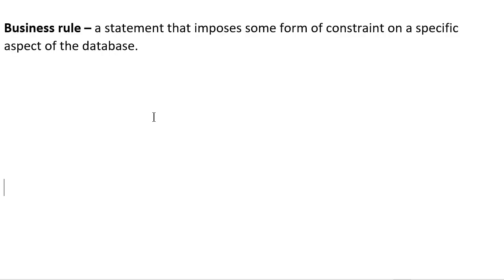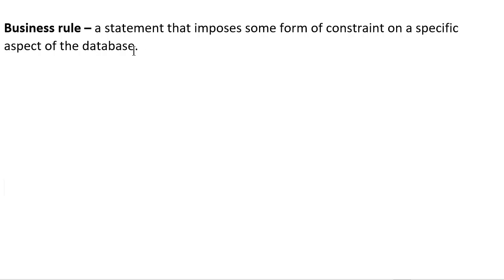And business rules are a statement that imposes some form of constraint on a specific aspect of the database. Maybe somebody can't take more than 5 classes in a semester. That would be a rule. Well, how do you make sure that that doesn't happen, that the database doesn't allow that data to be entered, and then now you've violated the business rule, and what do you do?